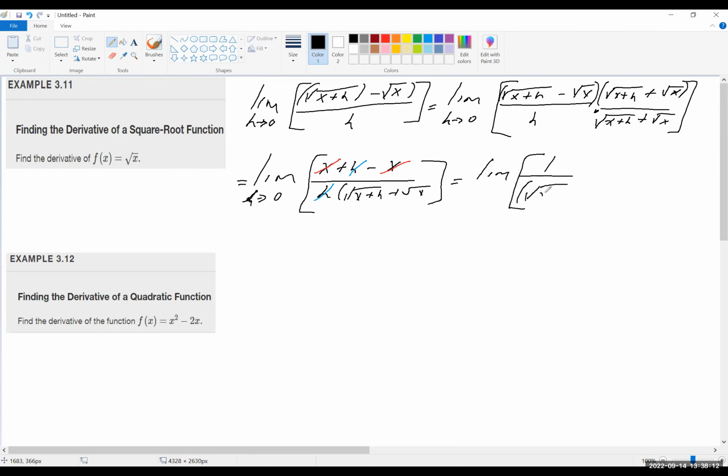This is over the square root of x plus h plus square root of x, brackets as h goes to 0. And now if I plug in the 0 for h, because now it does not become indeterminate, I end up with 1 over 2 square root of x.